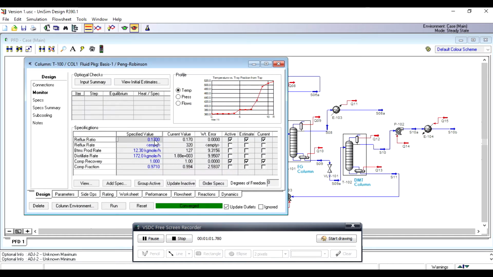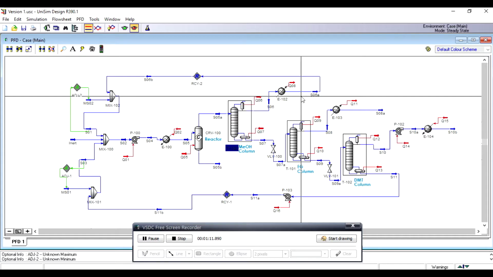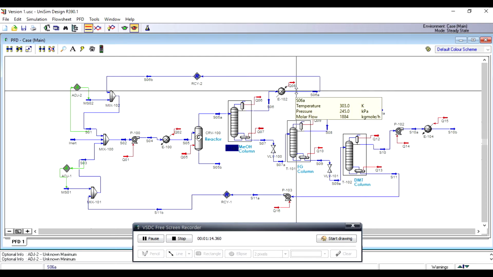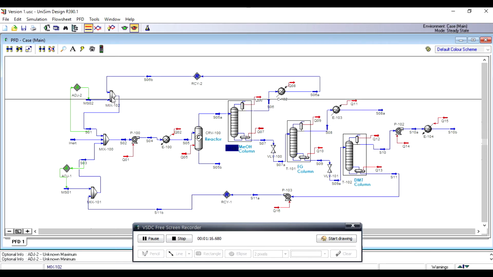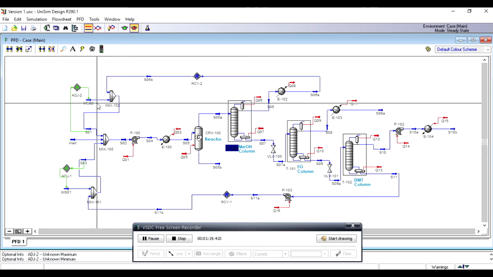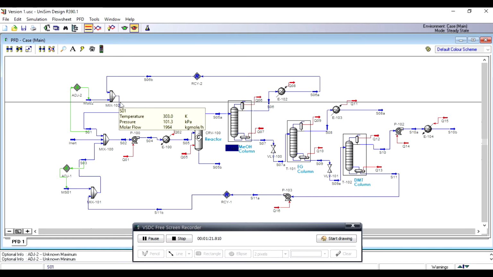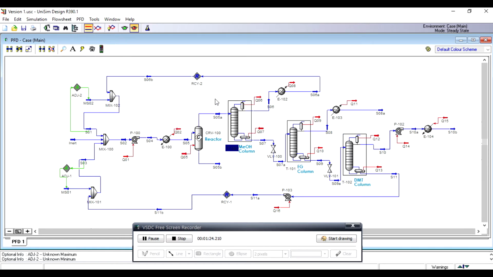The design specification of this methanol column is 0.17 reflux ratio and component recovery of methanol at 99.99%. The recovered methanol in the distillate stream is recycled back into a mixer with a makeup stream and goes back to the feed.